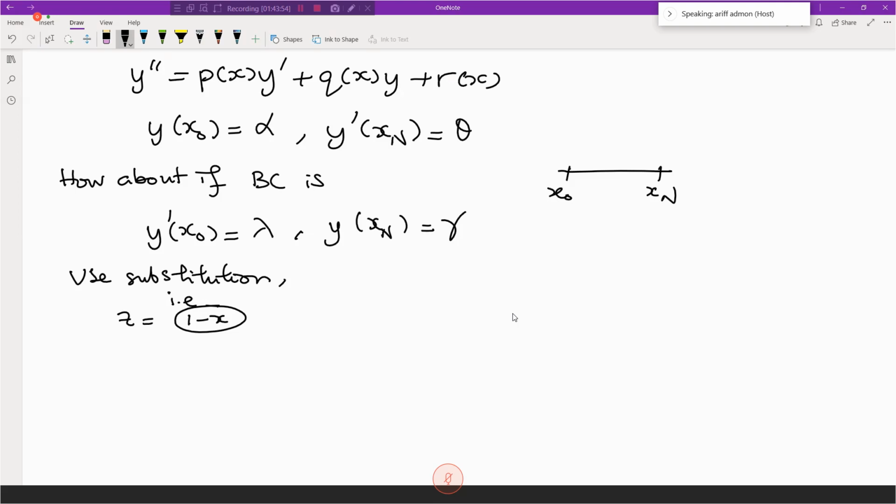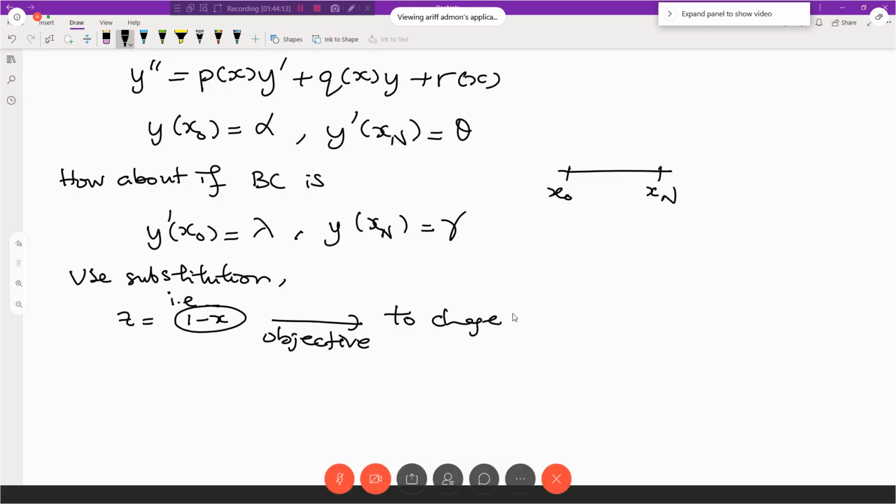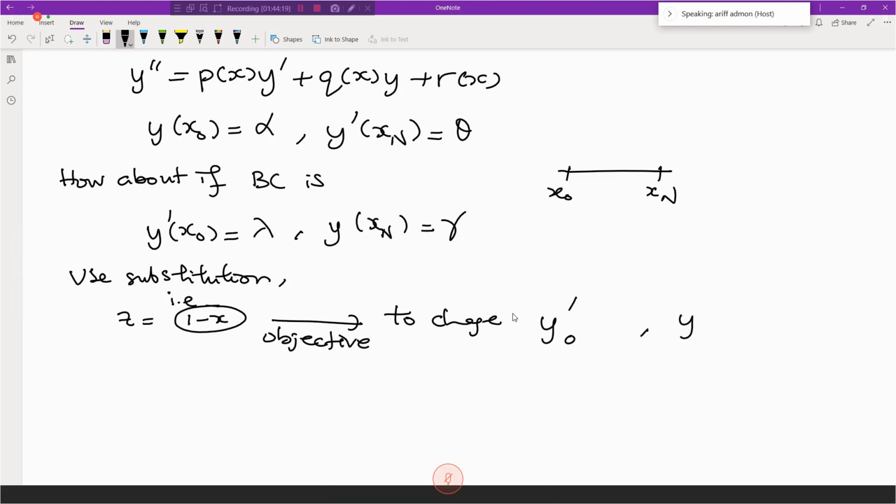The most important thing when we are using this substitution is that the objective is to change y prime at x0 and y at xn into now z at x0 and z at xn.